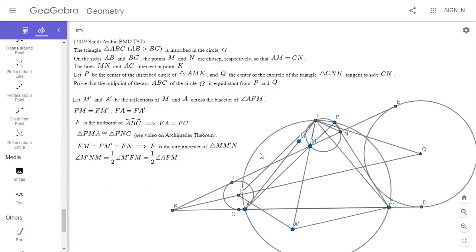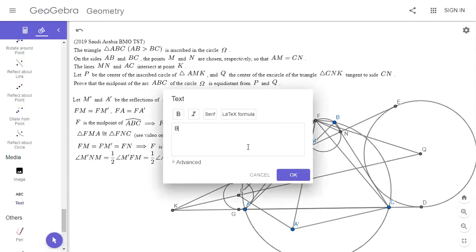And then we could show KAMF is cyclic. So basically, by a spiral similarity, FMN is similar to FAC. I'm just going to write that out shortly here. Okay.